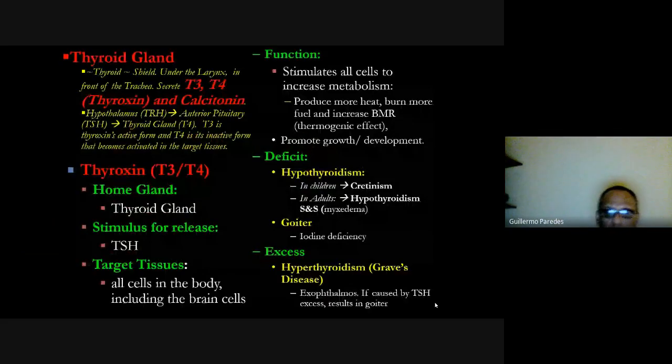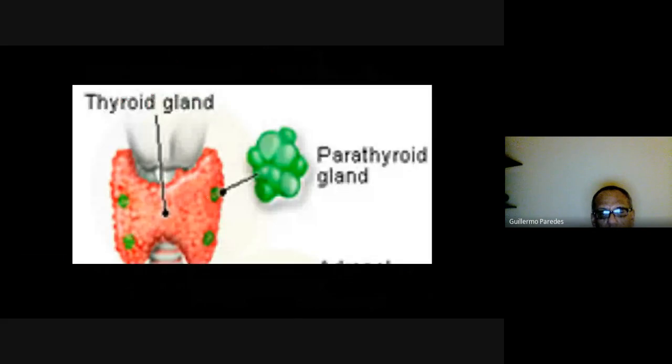Now, we have another gland I'm going to show you here. This is not a very nice picture, but basically what we have is the parathyroid gland. This is one parathyroid gland, another parathyroid gland, and another. So we have on average 4 parathyroid glands. We can have 6, we can have 8.